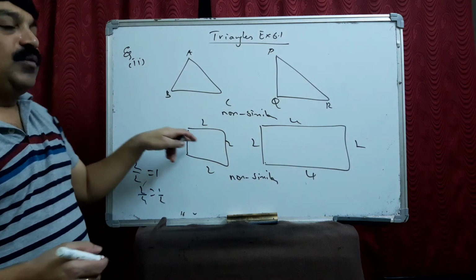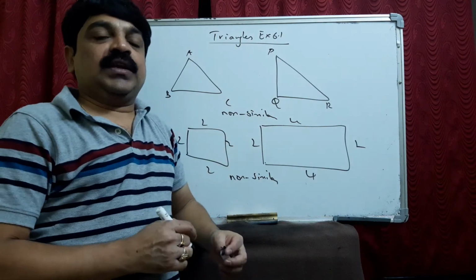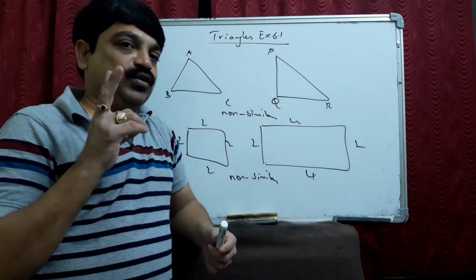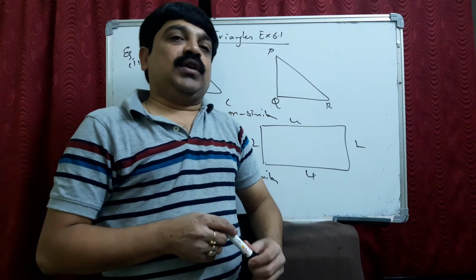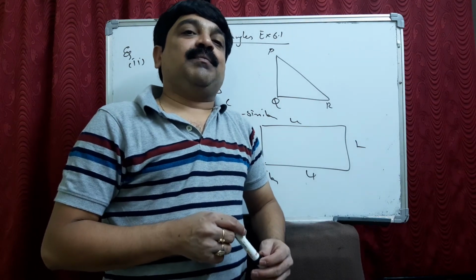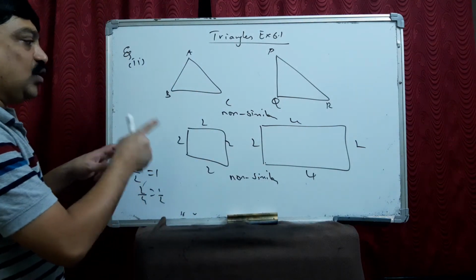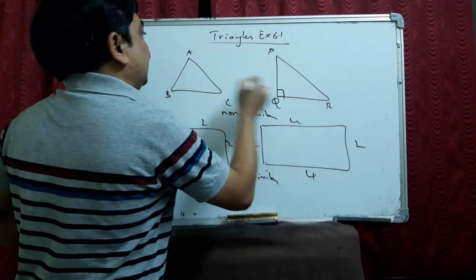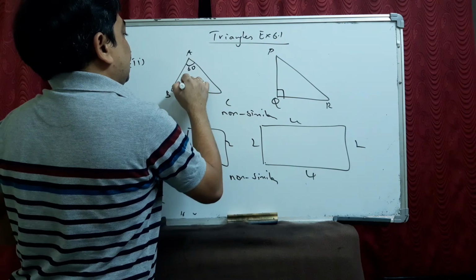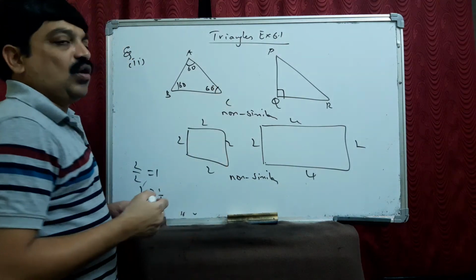That means the corresponding sides are not in the same ratio. For two polygons to be similar, the corresponding angles should be equal and the corresponding sides should be in the same proportion. That is what is not happening in these two cases. Very simple examples for non-similar figures.